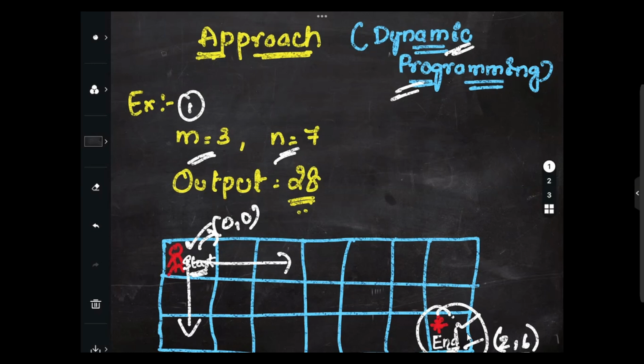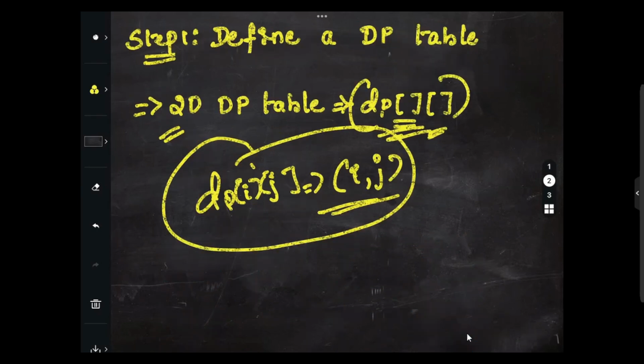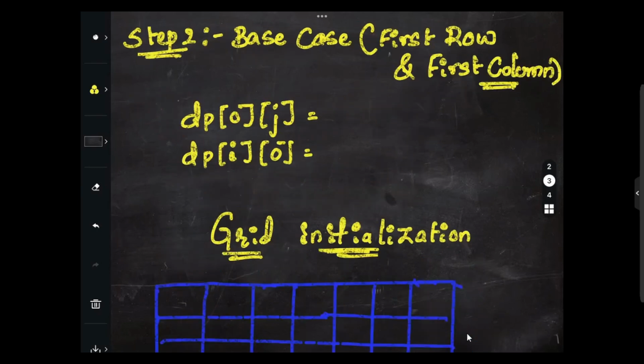So let's start with the first row, dp of 0,j. This will always be 1, or will always have one path, because the robo has to move only right. So we are just considering the base case here, first row and first column.